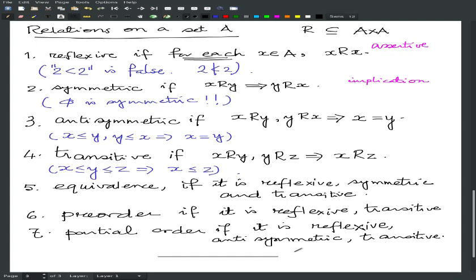Okay, we will come across these relations again and again, and there are several other kinds of relations, but I have just made a list of the ones which are most commonly used or required and so on.